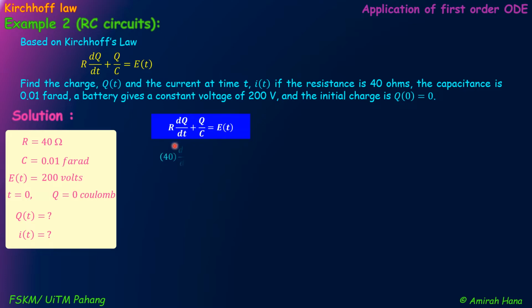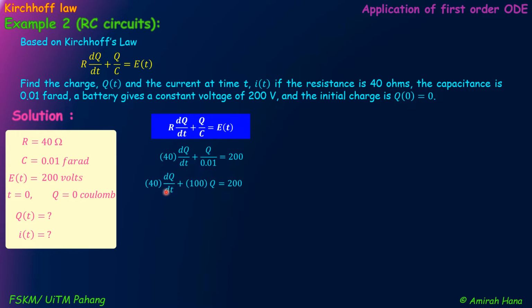We replace R equals 40, C equals 0.01, and E(t) equals 200. Here it means 1 over C times q, and 1 divided by 0.01 equals 100q. So we have 40 dq over dt plus 100q equals 200.